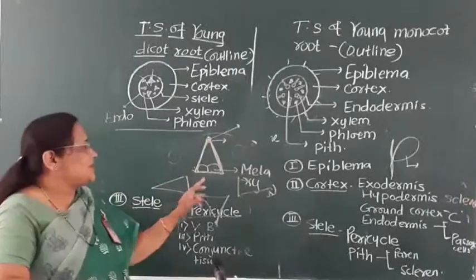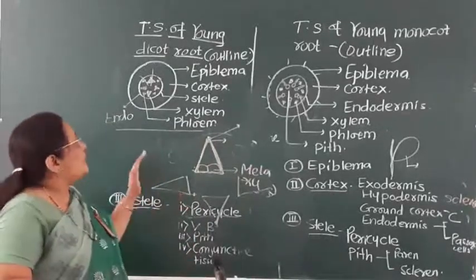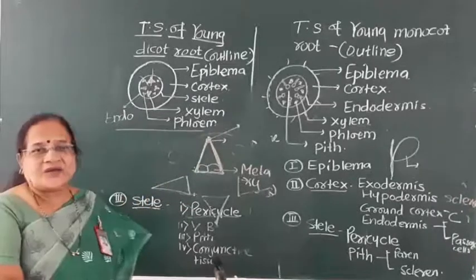So this is the total description of the anatomy of TS of young dicot root.